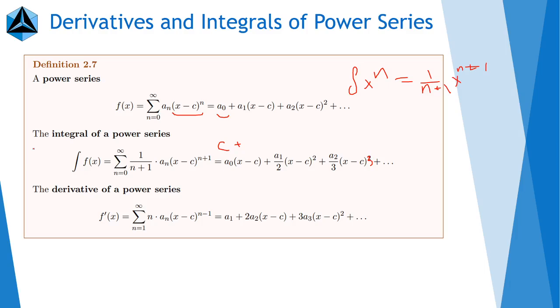Similarly, there's also the derivative of a power series. Once again, you can distribute the derivative to each term. So you get a1 plus 2a2 (x minus c) plus 3a3 (x minus c) squared. This just comes from the power rule, where the derivative with respect to x of x to the n is equal to n x to the n minus 1.